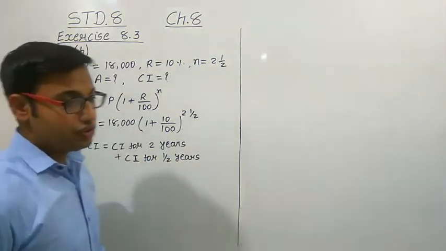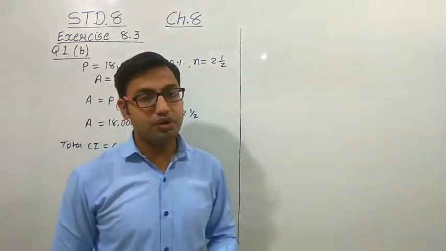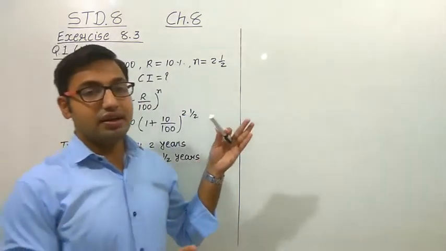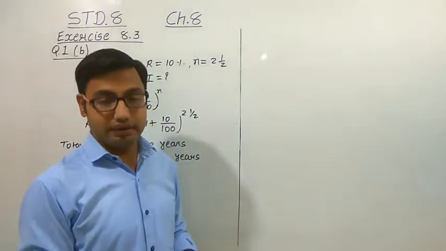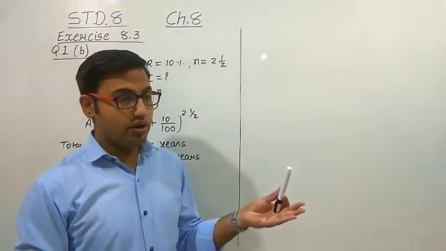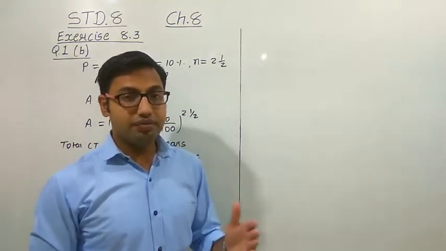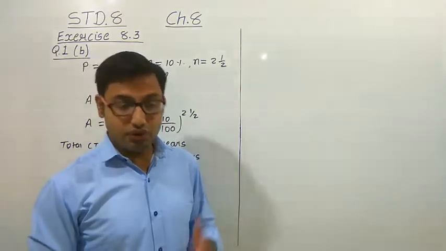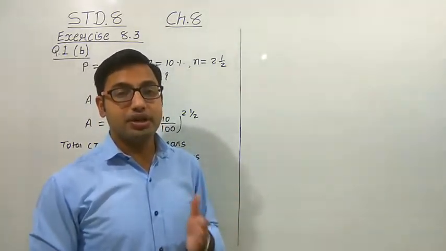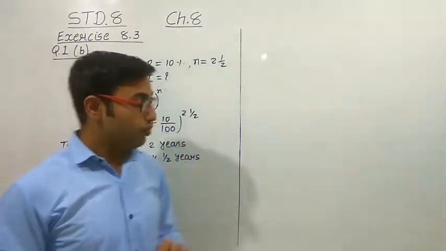Remember, whenever first of all we have understand about the compound interest, then we take the compound interest year by year, and what we are doing, we are adding the compound interest into the amount. Every time the principal amount get changed, because we are adding the compound interest every year. So the same thing we have to do here.